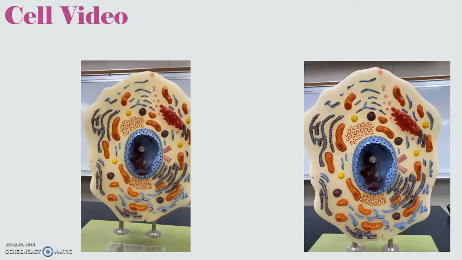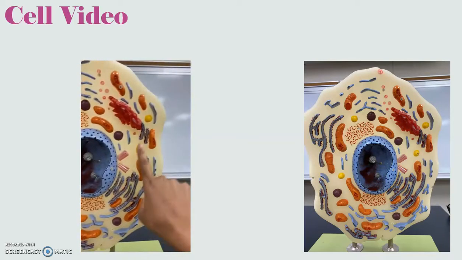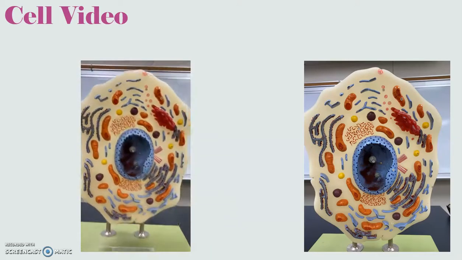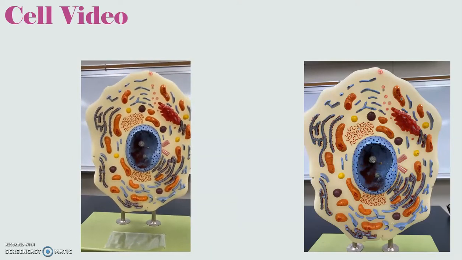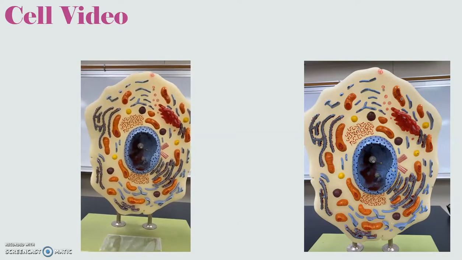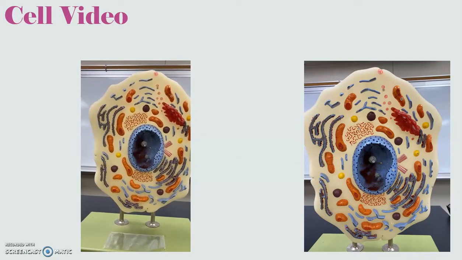Okay, that's the function of your lysosomes. The yellow structures are your peroxisomes. Peroxisomes do the same thing as our lysosomes, but instead of digestive enzymes, they have oxidase enzymes. Their job is to destroy things that are toxic to the cell.